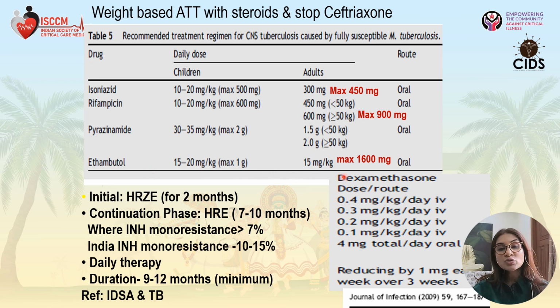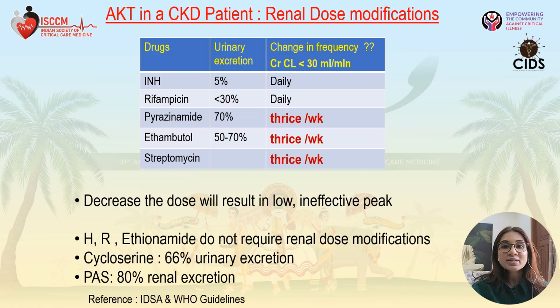Ethambutol is again 15 to 25 milligrams per kg, and a higher dose is preferable for TB meningitis because of the limited penetration of ethambutol into the CSF. So the initial therapy is HRZE, which is a daily therapy.